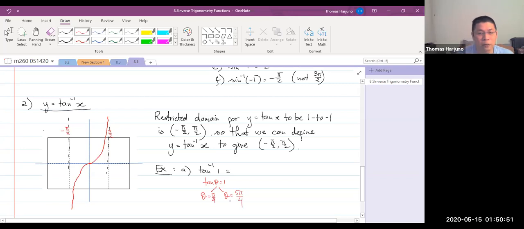But using the idea of the restricted interval again, the answer should be pi over 4, not 5 pi over 4. Likewise, what if I have a negative value inside? Tangent inverse of negative radical 3. That's negative tangent inverse of radical 3, which is negative pi over 3.